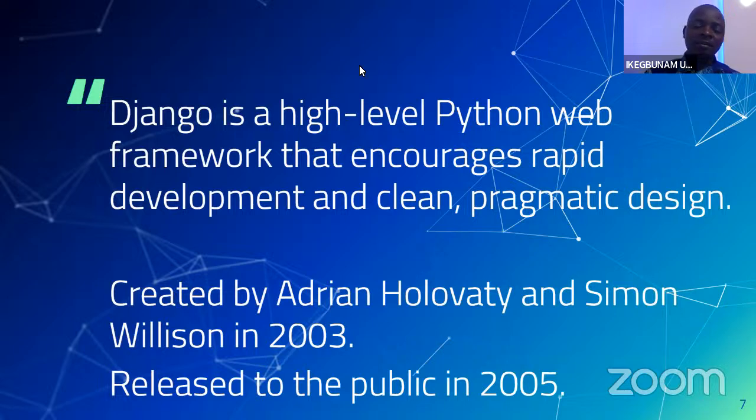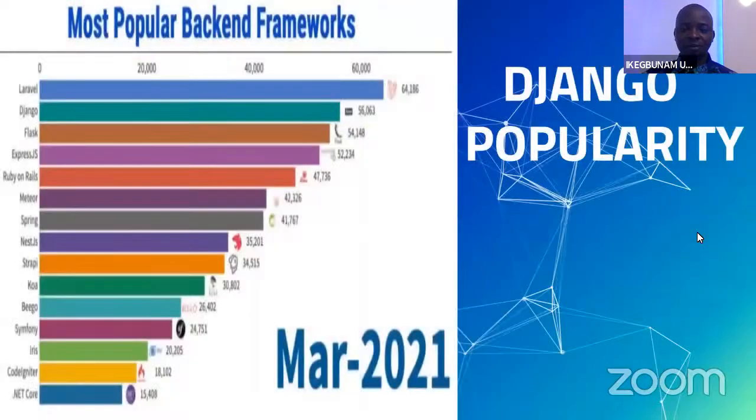So one thing about Django is that it gives you the opportunity to have a rapid way of building your web application and also creating highly maintainable code for your web application. It was created by Adrian and Simon in the year 2003 and released to the public in 2005.